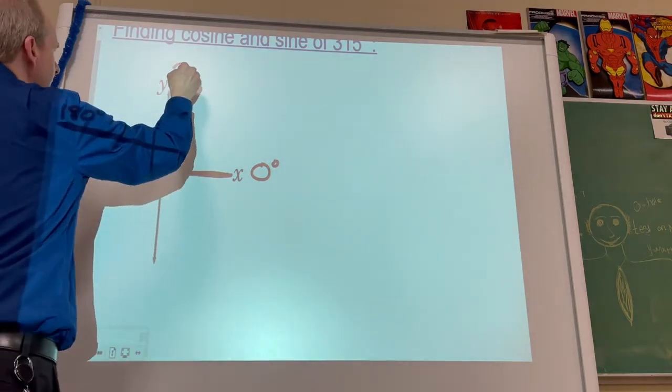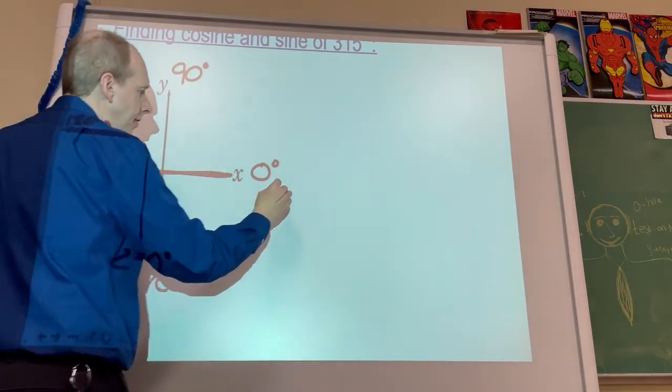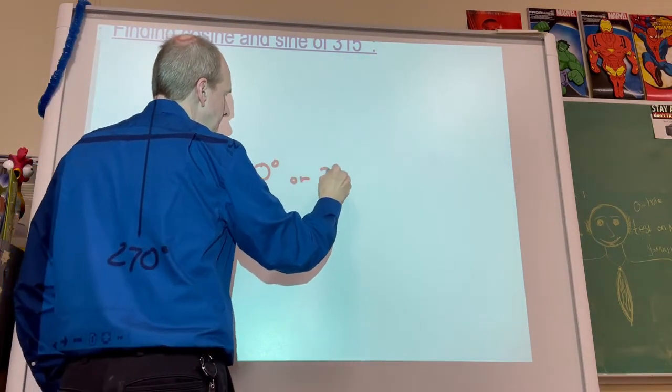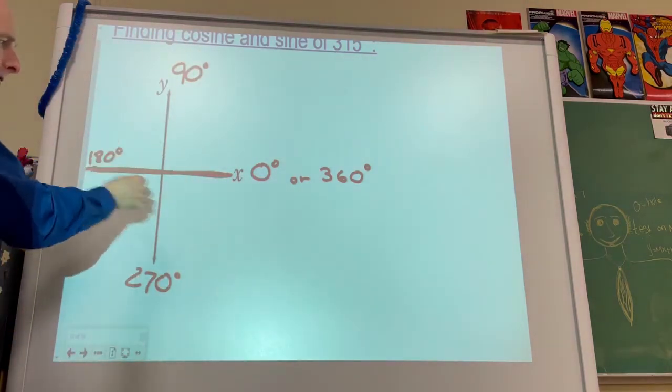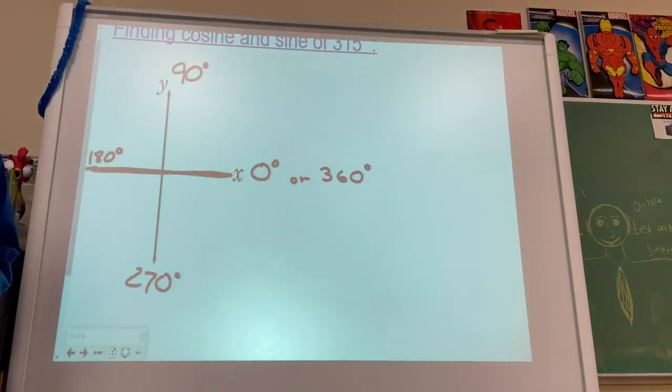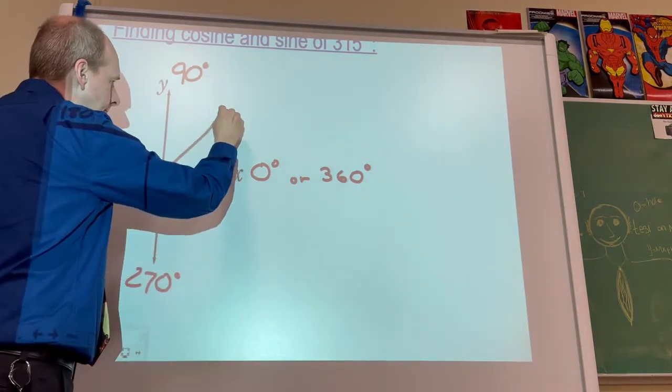And we know this is our 90, this is our 270. This is our 360, depending on if we didn't go anywhere or if we went a full circle all the way around. So normally we would talk about a 45 degree angle. That would be here.